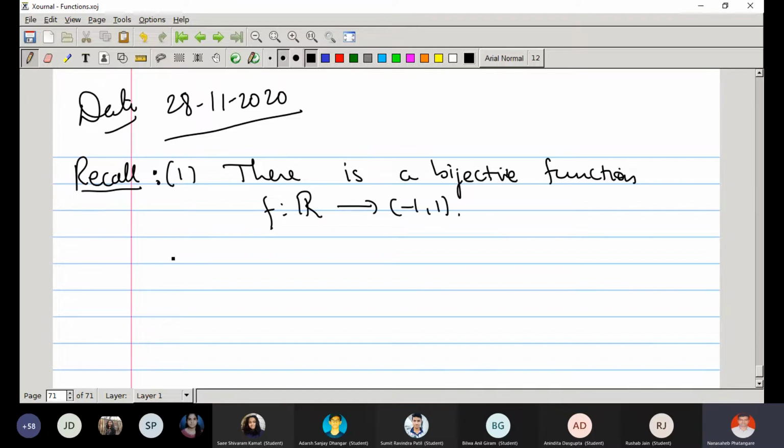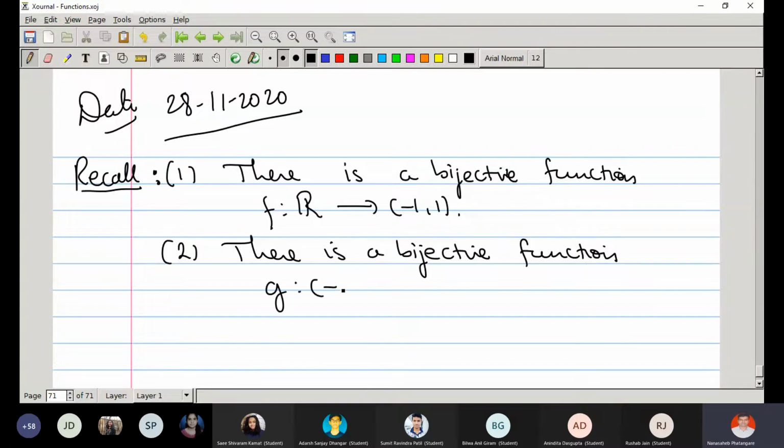This is what we know. Also, we saw that there is a bijective function g from an interval to R. Is it correct?